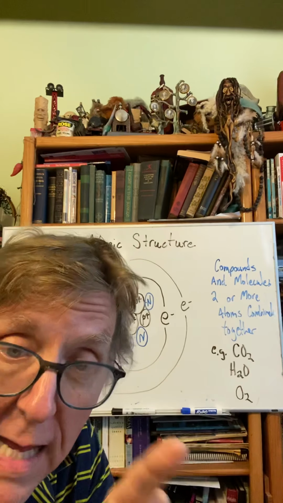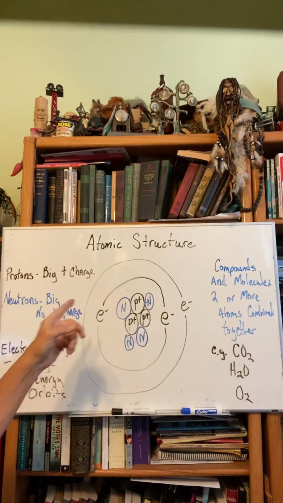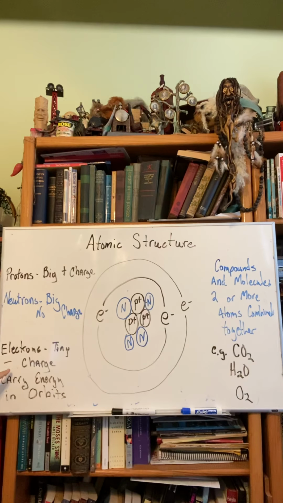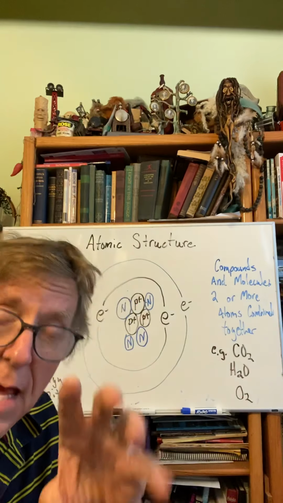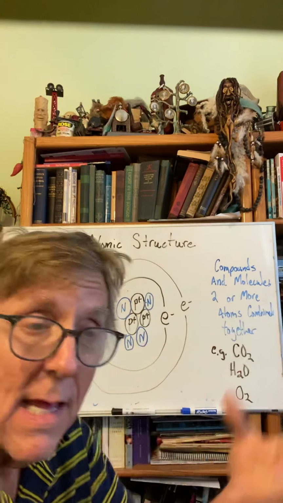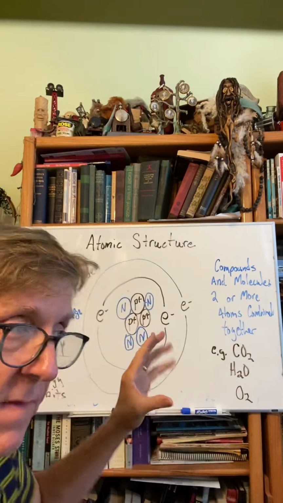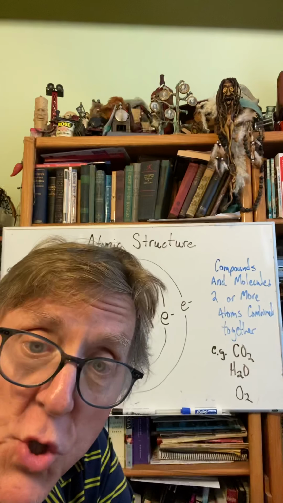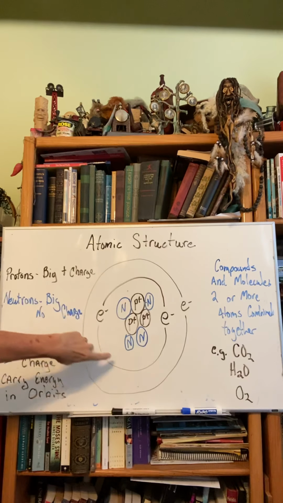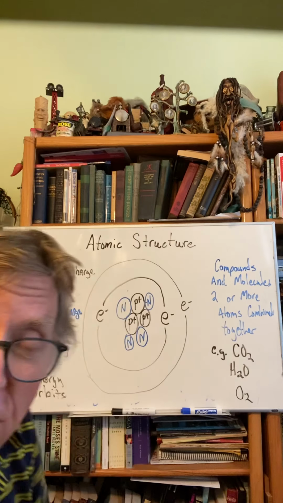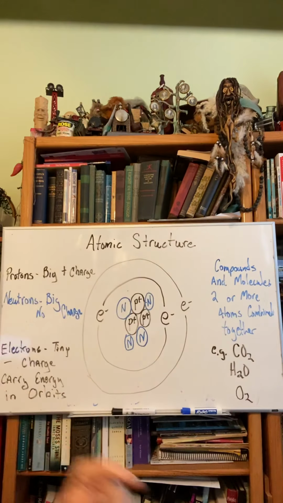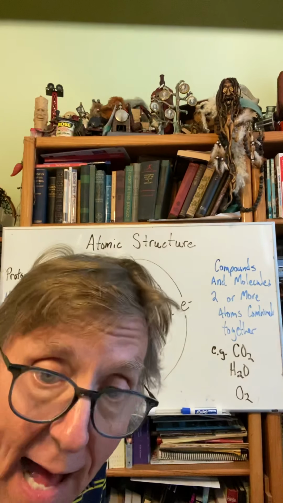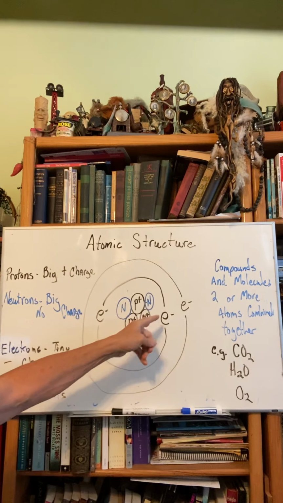So they're tiny little particles, and they have a negative charge, and they carry energy, so they're in motion. And they are found in what we call orbits around the nucleus. And depending on how much energy they have, they can be close or far away.